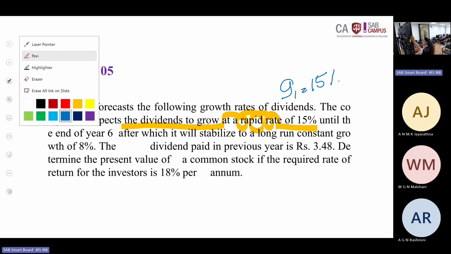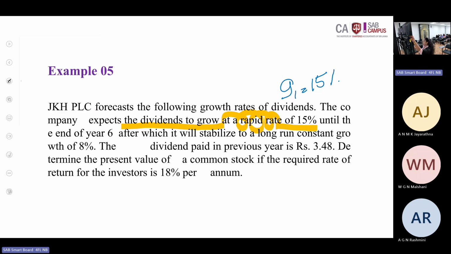Yes, exactly. That means we have identified the years per stage. How many years? 6 years in stage number 1. And then after this, the growth rate will stabilize in the long run with a constant growth rate of how much? 8%.